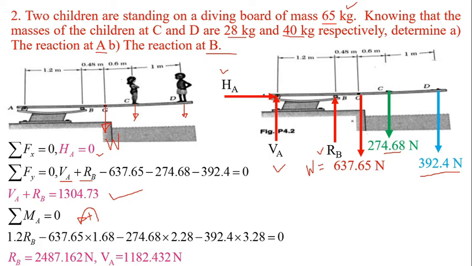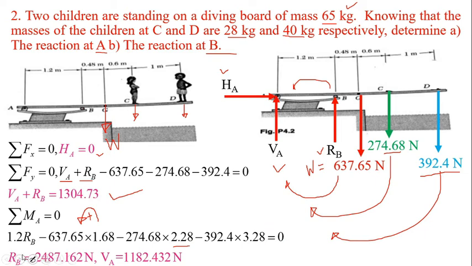RB into 1.2, anti-clockwise positive, minus 637.65 into distance 1.68, which is 1.2 plus 0.48, clockwise negative, minus 274.68 into 2.28, which is 1.2 plus 0.48 plus 0.6, again clockwise minus, minus 392.4 into 3.28, which is the total length of the board, is equal to 0.